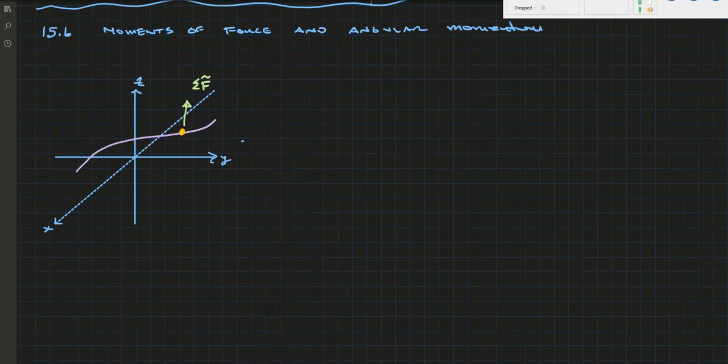Well, we can still shoot a vector r to this. And let's relate these forces to angular momentum. We can do this by considering Newton's second law.